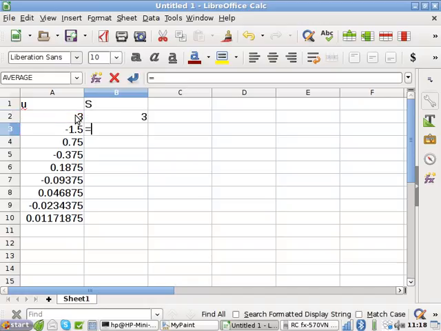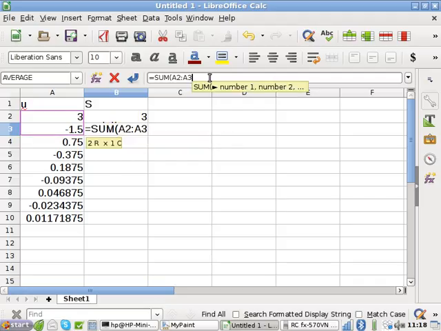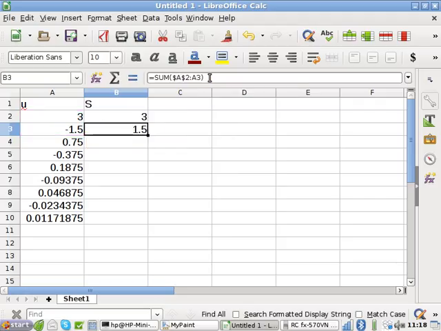This is S2. So this is where we add the first one and the second one. So 3 and minus 1.5 makes 1.5. What would the next one be? S3. 2.25.